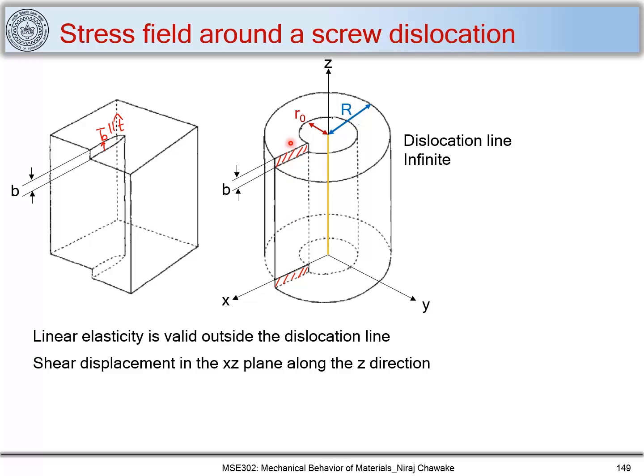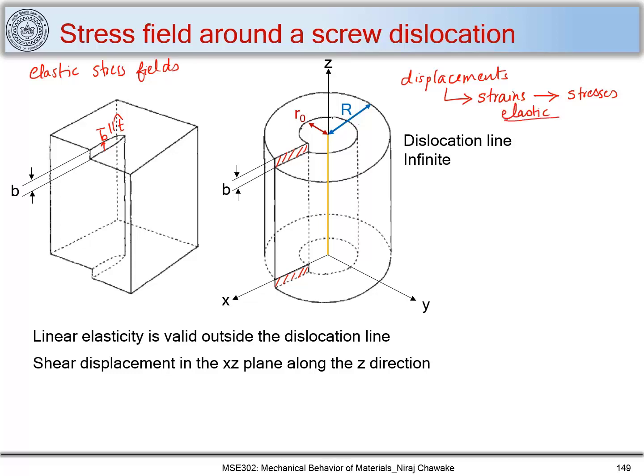To find the stress field, the approach we should take, let me write that down, is that we find the displacements, then we find the strains, and then we try to find the stresses. As we said, there will be elastic stress fields around the dislocation, so we can use elastic stress-strain relationships here.